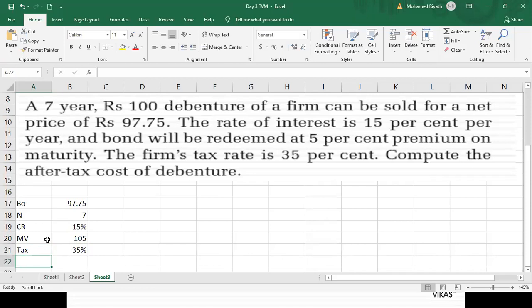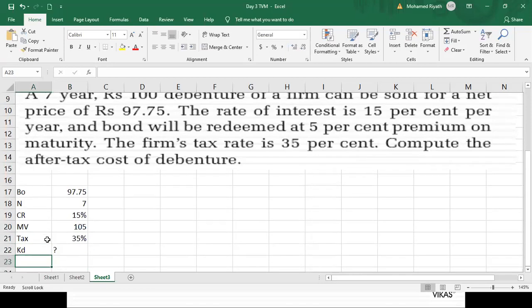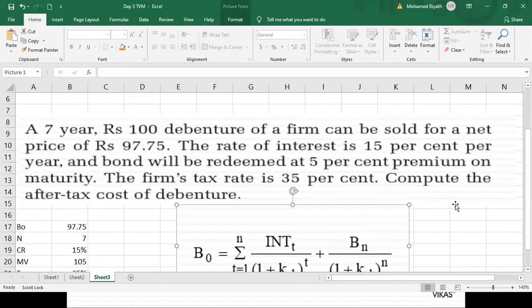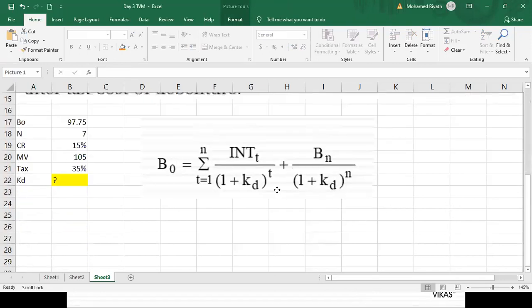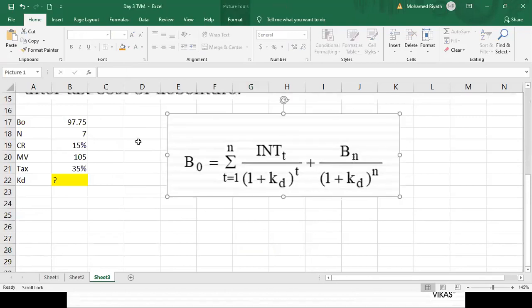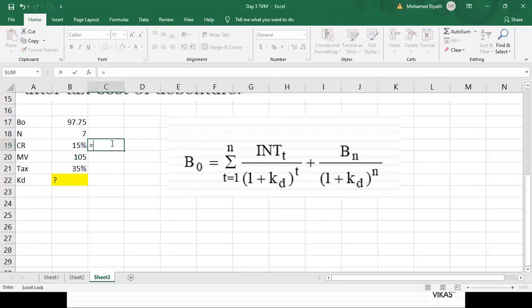They're asking for KD. This is the question, right? They're asking for KD, so the formula is this. V naught is given. So we can find the interest payment. How can we find the interest payment? Coupon rate is 15%, the face value is 100.